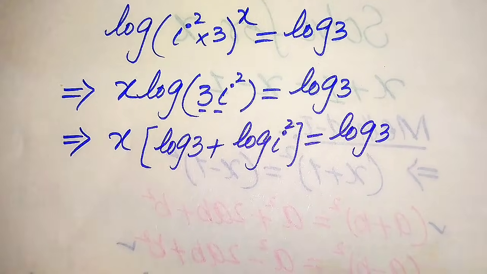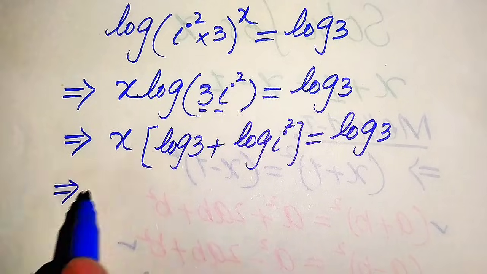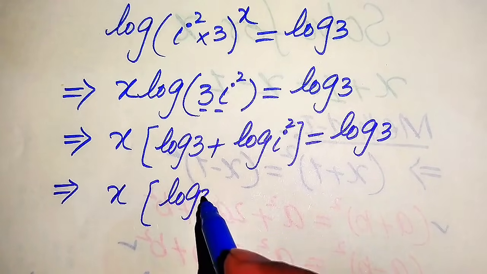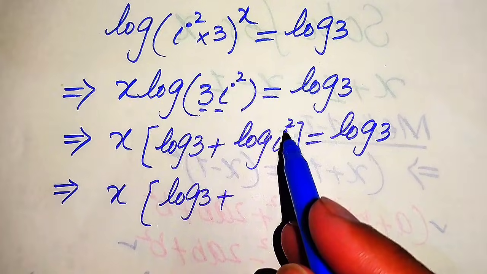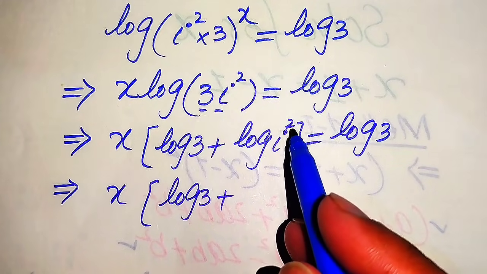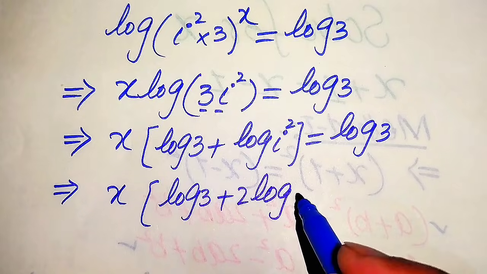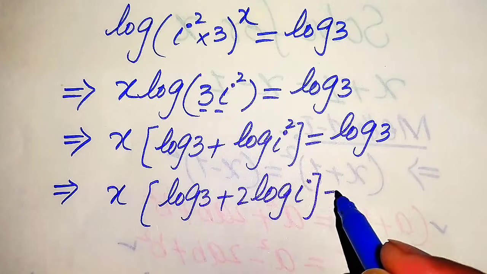In the next step we need more simplification, so it is written as x times (log of 3 plus, moving this 2 in front of the log, 2 times log of iota) is equal to log of 3.